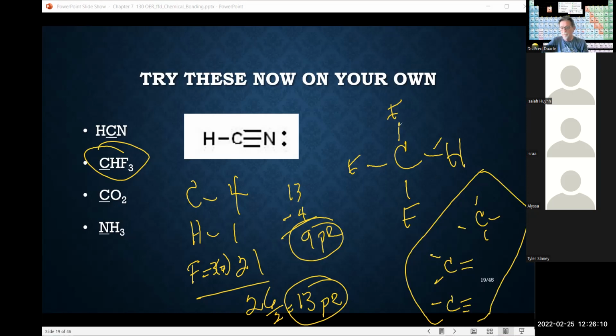Here we see we have 4 bonded around carbon. So guess what? Carbon is happy, its octet is fulfilled. So where do I put the rest of it? Well, the only place you can put them would be on the fluorines, because the way it's written here, I only showed 2 electrons on each fluorine, and it needs 8. So obviously that's the only place they can go.